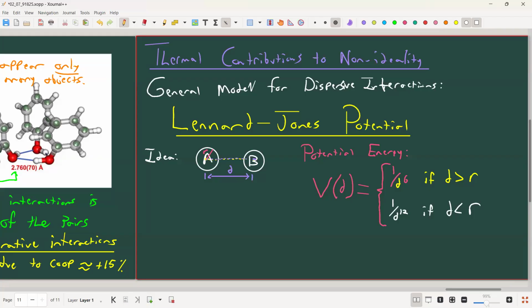And then there's a really, really hard force that kicks in when they're too close, that pushes them apart. So this is dispersion, and this is exchange. There are different terms for this, but this is what's called the Lennard-Jones.